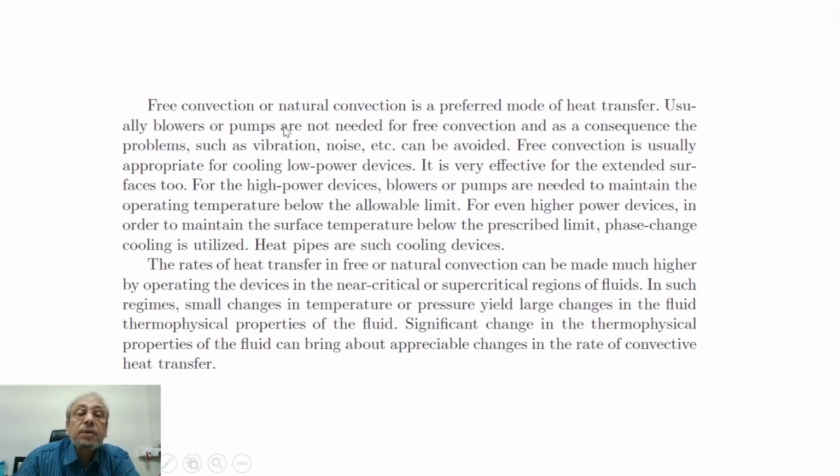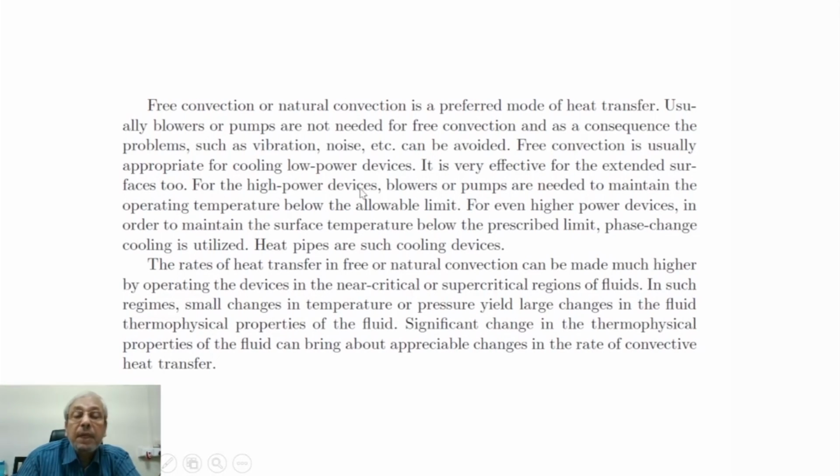Usually blowers or pumps are not needed for free convection, and as a consequence problems such as vibration, noise, etc. can be avoided. Free convection is usually appropriate for cooling low power devices because they will be naturally cooled. It is very effective for extended surfaces too.